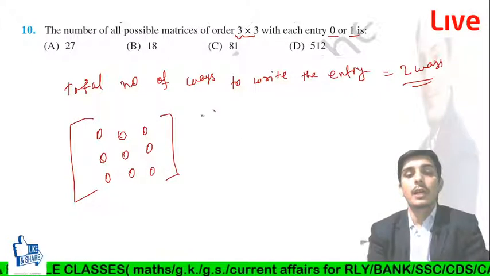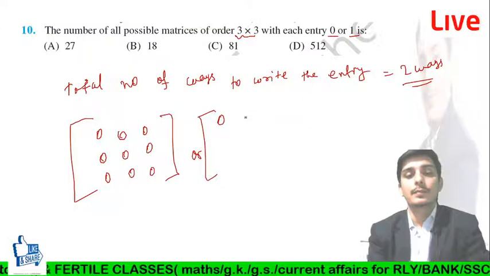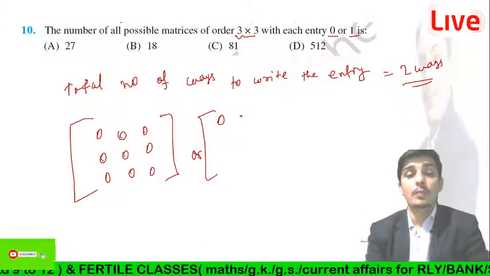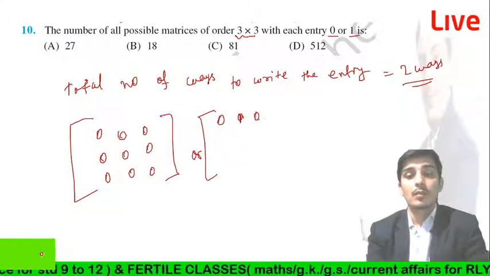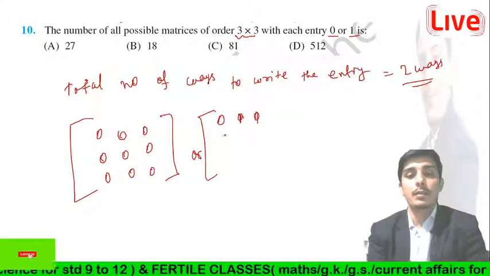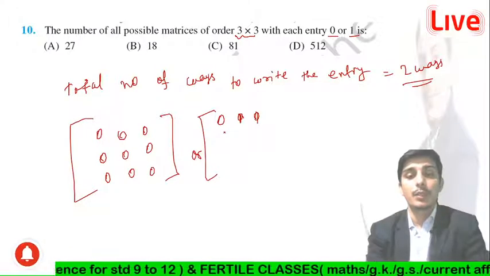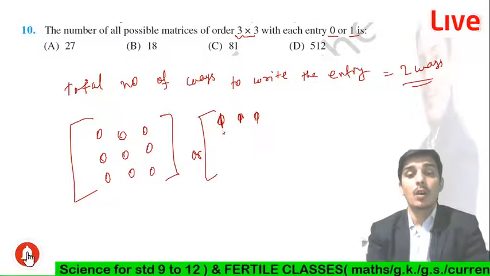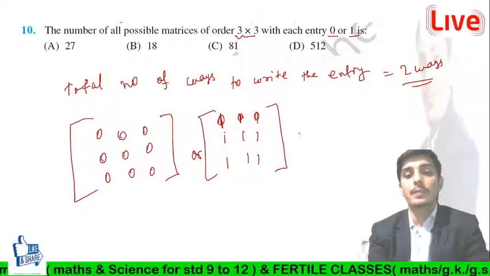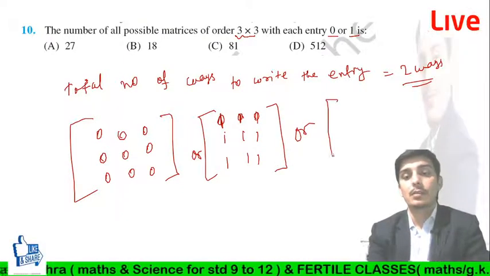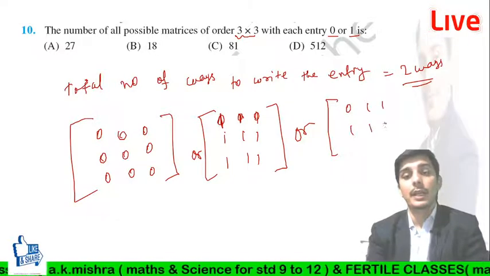Otherwise, we can take all entries equal to 1 also. Okay, guys, you can take the next pattern. The next matrix has 1 and 0 in it.